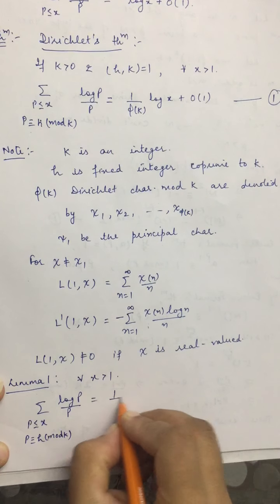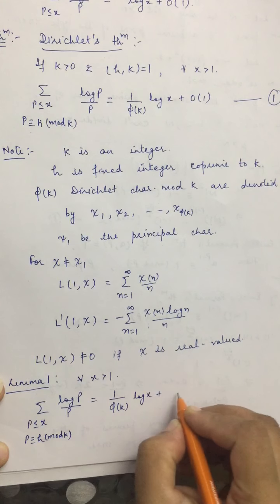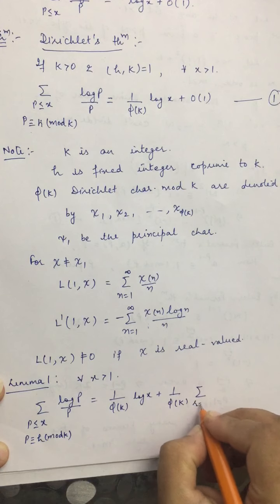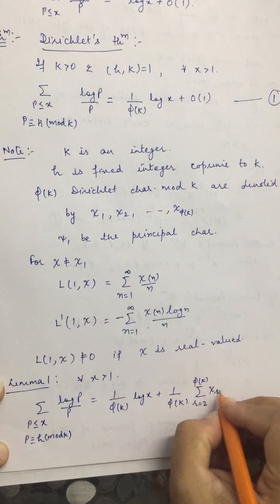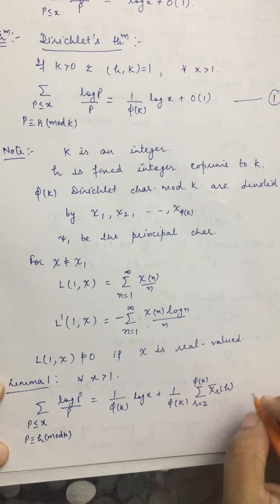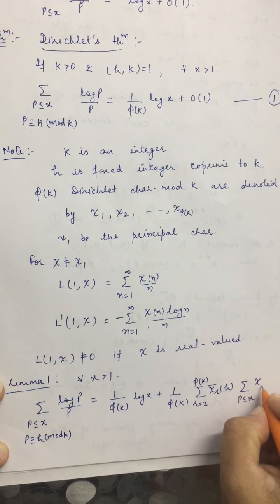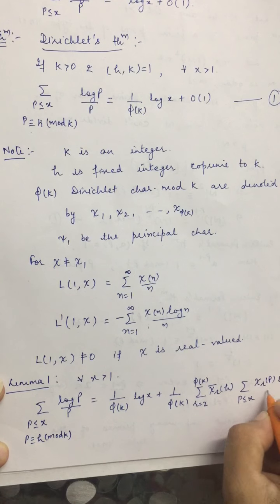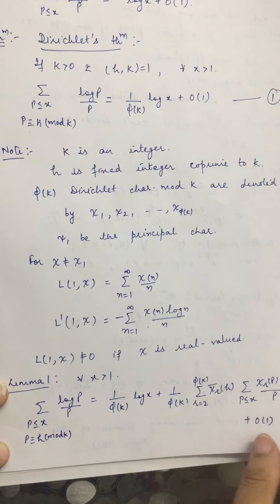This is 1 by phi k log x plus 1 by phi k summation r varying from 2 to phi k chi r bar h summation p less than equals to x chi r p log p upon p plus order of 1.